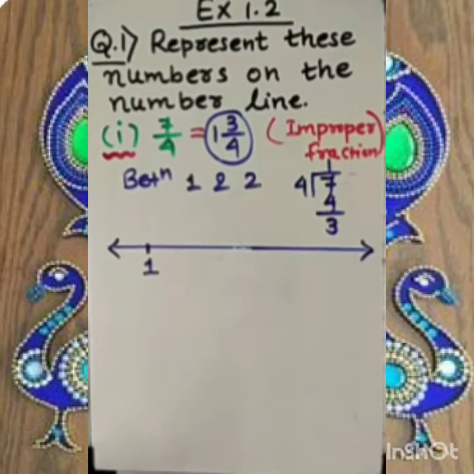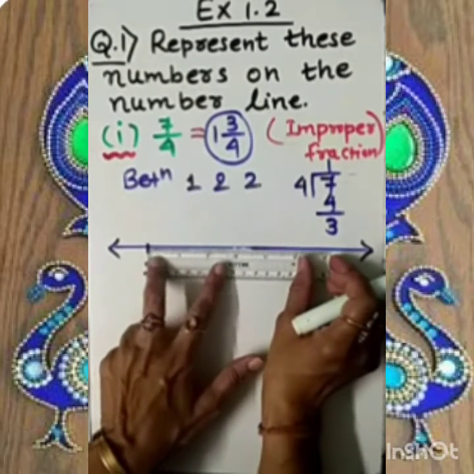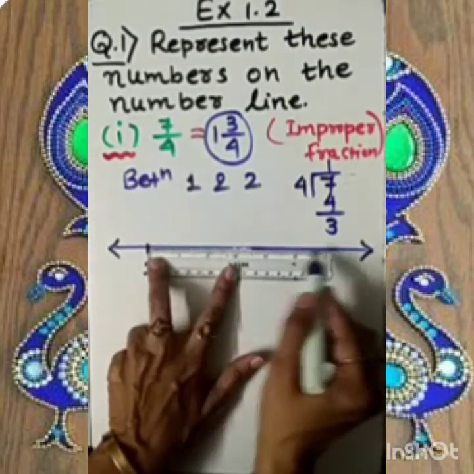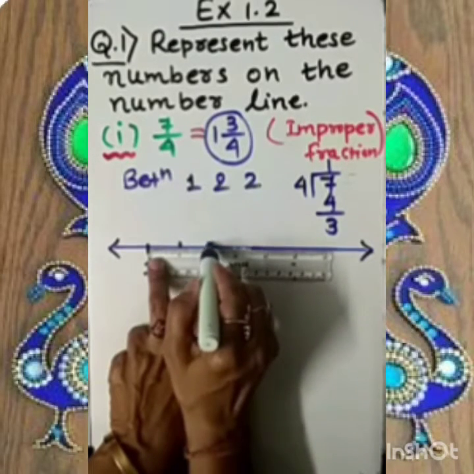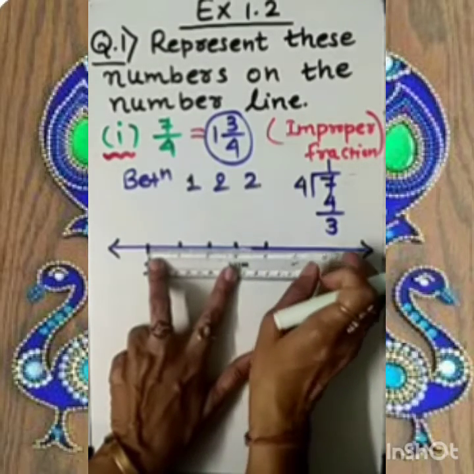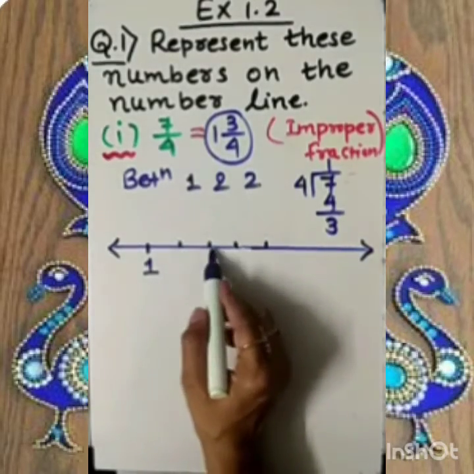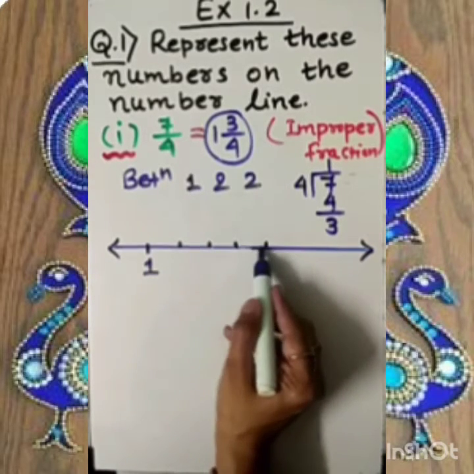So dear student, take your scale in your hand and use the centimeter, but here I am using my inch size scale for your better visibility. This is my 1 centimeter, 1 unit, 3 and total 4. How many parts do I want? 1, 2, 3, 4. See here, first part, second, third and fourth.